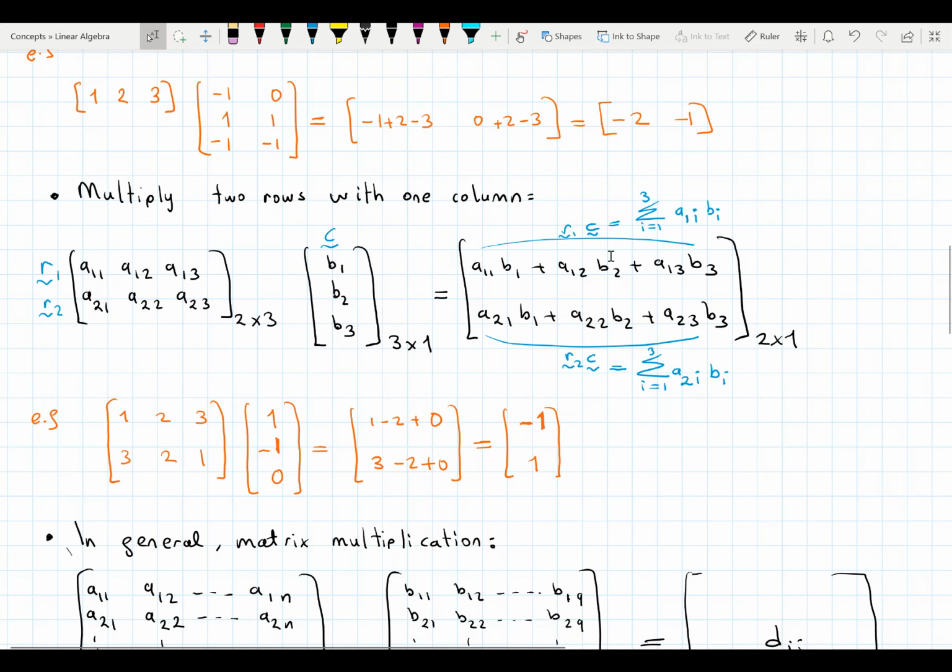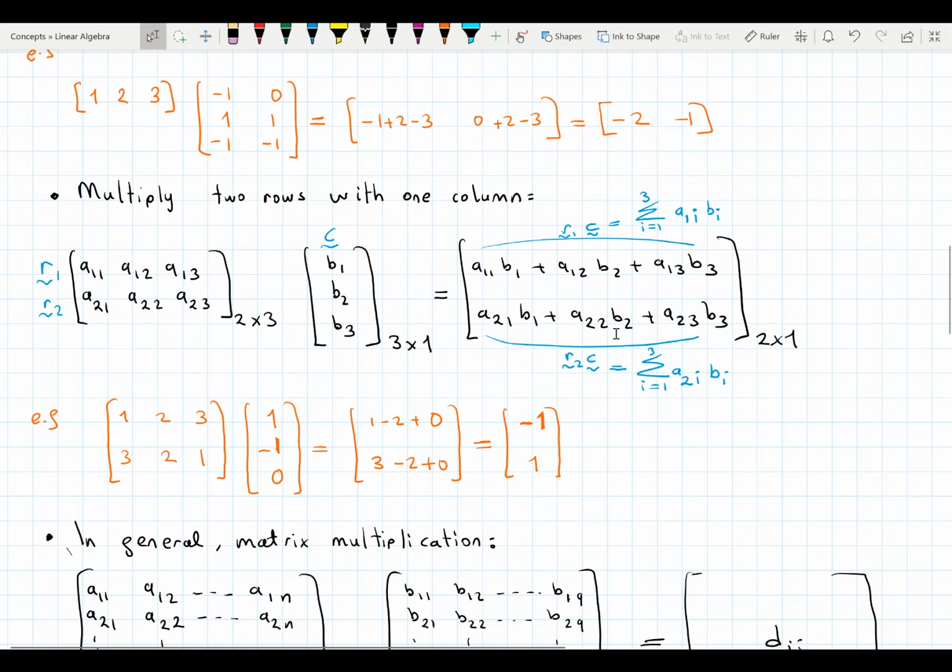So as a shortcut, this is R1 times C. As we see, the first index in A is fixed and the second index runs. Of course, B changes over. So this shortcut written as a sum gives us this entry. Here as a sum as well, this is B2, 2 is fixed, i runs through.